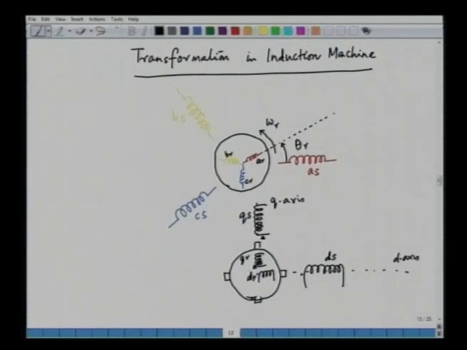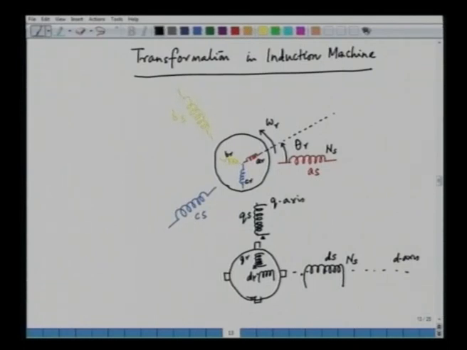Now, in this case the objective is that we have to transform the original machine into a DQ machine. So, what we do here, the original machine has the number of turns per phase NS here, and this number of turns we can call this to be also NS. So, we can assume that the number of turns of the actual machine is the same as the number of turns of the DQ machine.